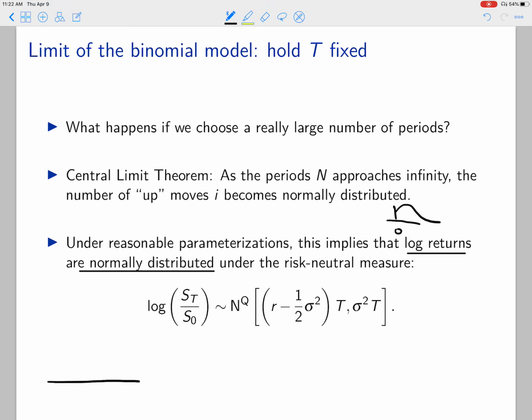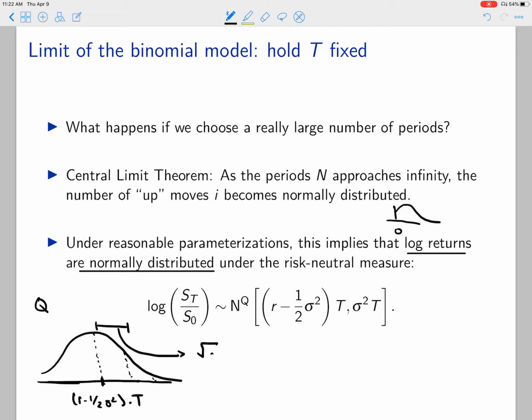And at the same time, returns are going to follow a normal or bell-shaped distribution under the risk-neutral probability measure, of course, with a mean return of r minus 1/2 sigma squared times t as the mean, and a standard deviation equal to the square root of sigma squared times t.